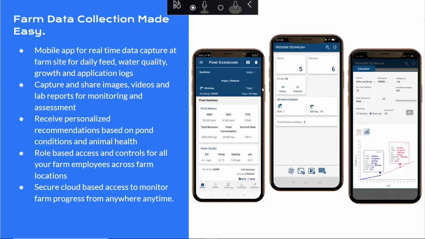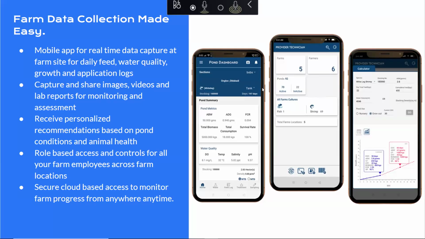Once he uses the app and collects various data points, our application uses that data to present insights about what's happening in his farm and how to improve any aspect of his culture. He can also deal with any issue in the culture effectively.